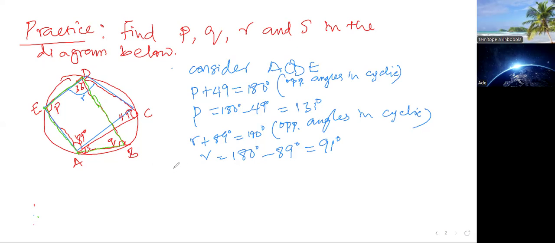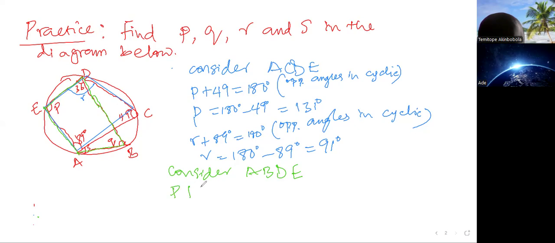So in that sense, now I can say consider A, B, D, E. If you consider A, B, D, E, opposite to angle B is going to be angle E in that context. Can you see that now? Do you get that?